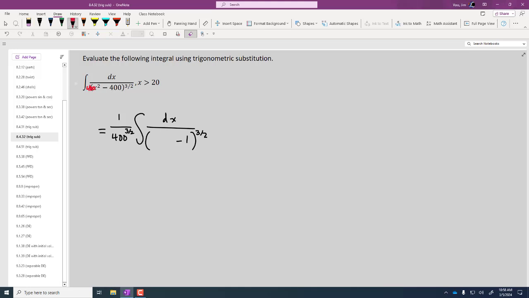So we're going to think about a 400 over 400, and then we're going to write this as x divided by 20 quantity squared. So now it's all factored out. We've got a trailing 1. We know we're going to use secant. So we're going to take that x divided by 20 and replace it with secant of theta.